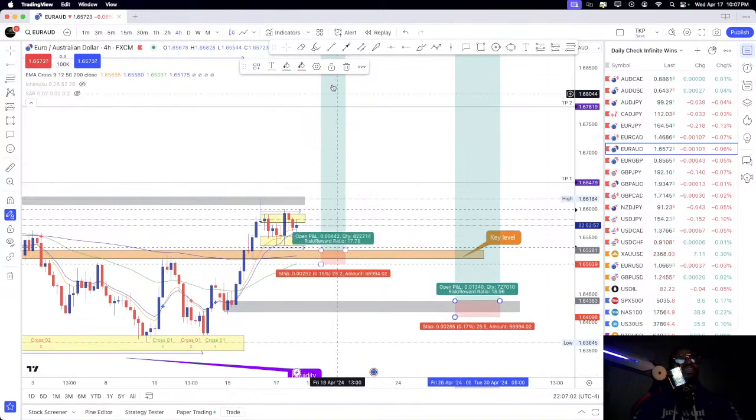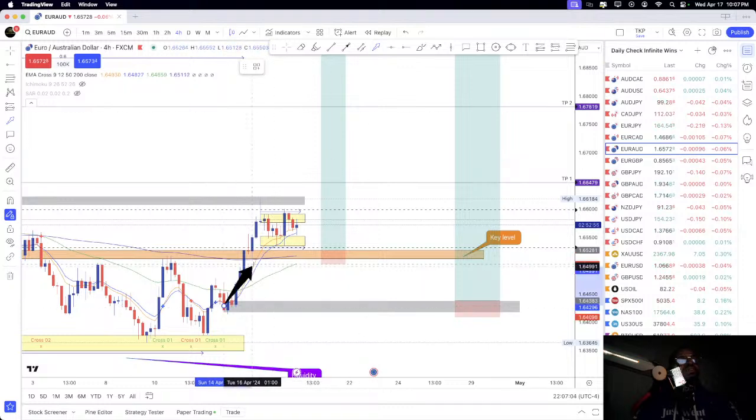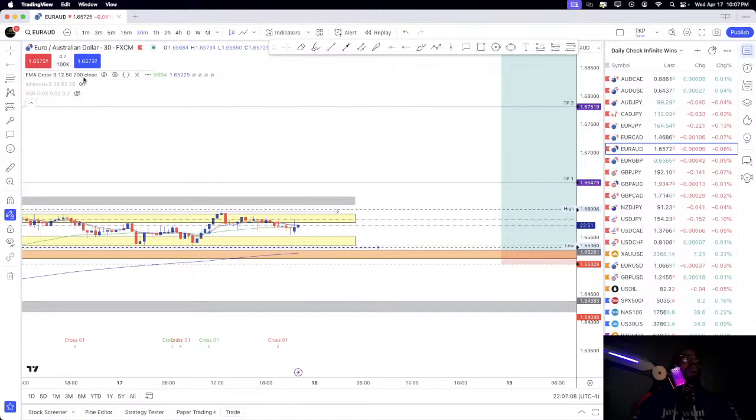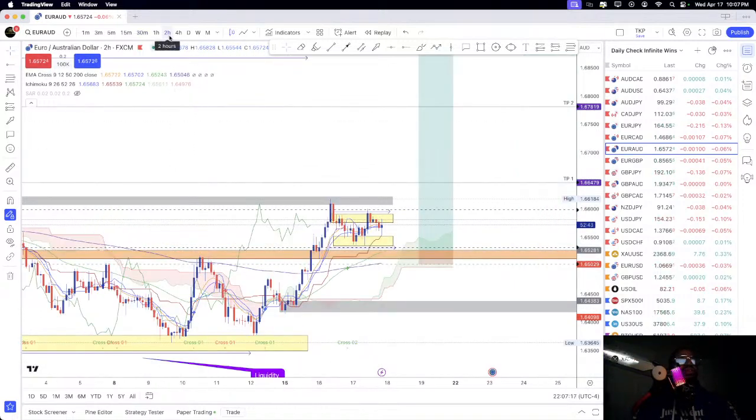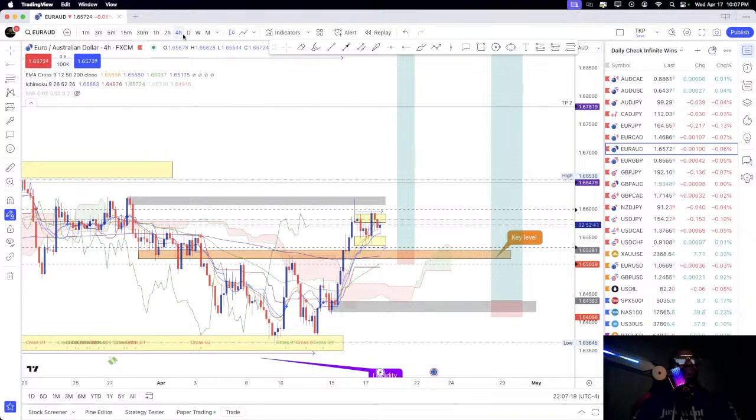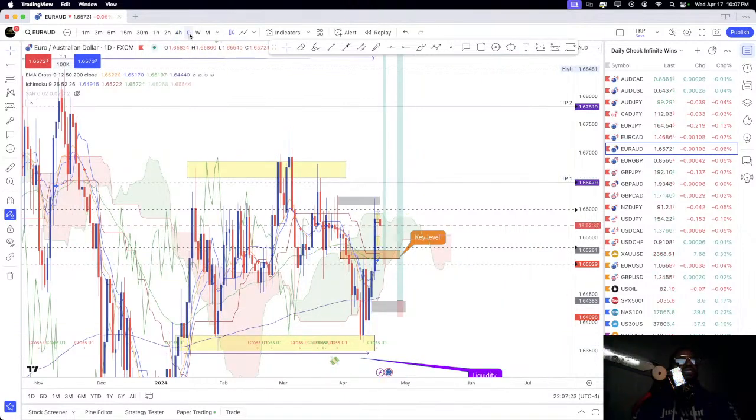Yeah, I gotta take this one. All of these EMAs lining up right here. Let's see if the cloud shows any different on the smaller time frames. Okay, so the 2 hour and the 4 hour show that second double bottom. The 200 on the daily is right there as well.